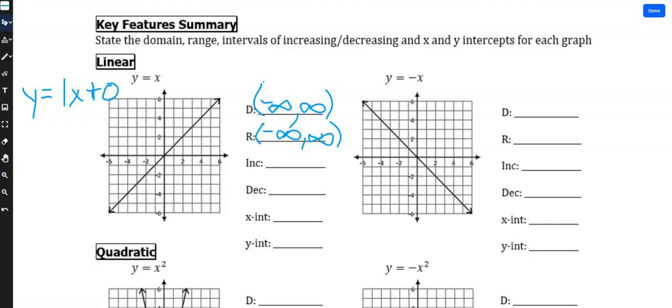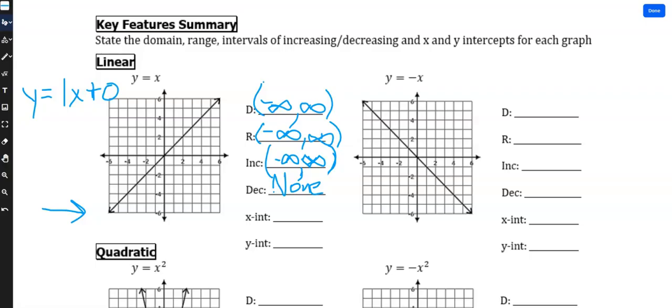Increasing, right? You're moving from left to right through the graph, and it is all increasing, -infinity to +infinity. Okay, and none of the graph is decreasing, right? Because remember, you're moving left to right through the graph, kind of like on a roller coaster.